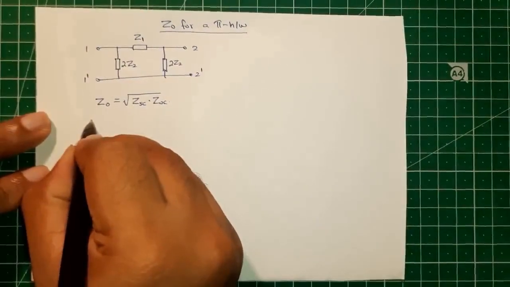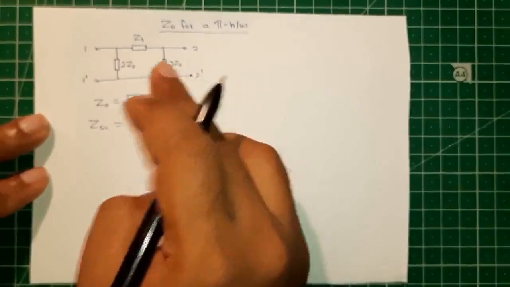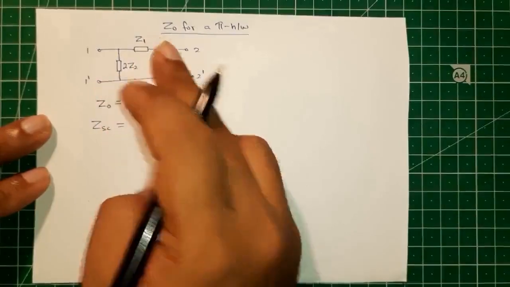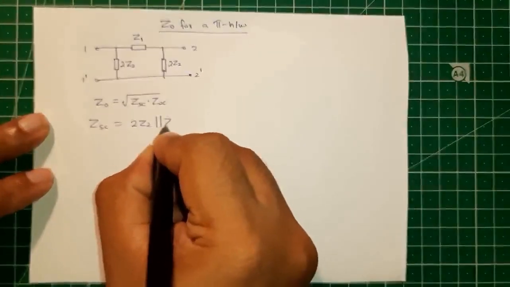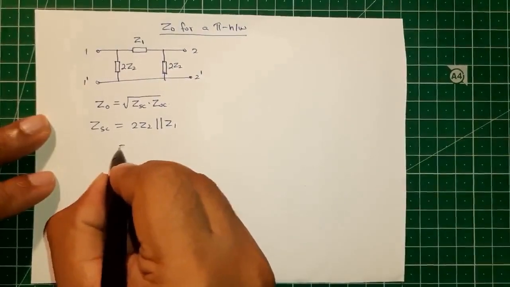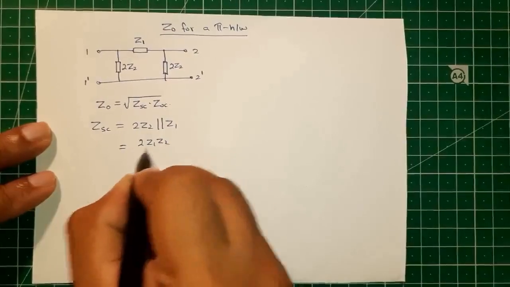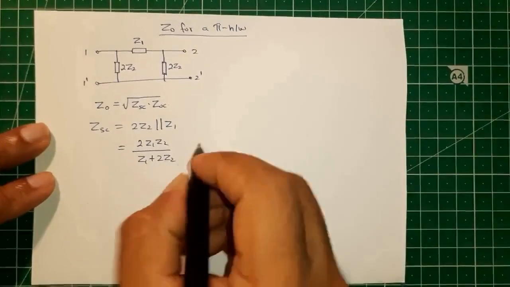So what is the short circuit impedance for this particular network? We will short this. So it will be equal to the shunt impedance parallel with the series impedance, so 2Z2 parallel with Z1. So that will be 2Z1 Z2 divided by Z1 plus 2Z2.